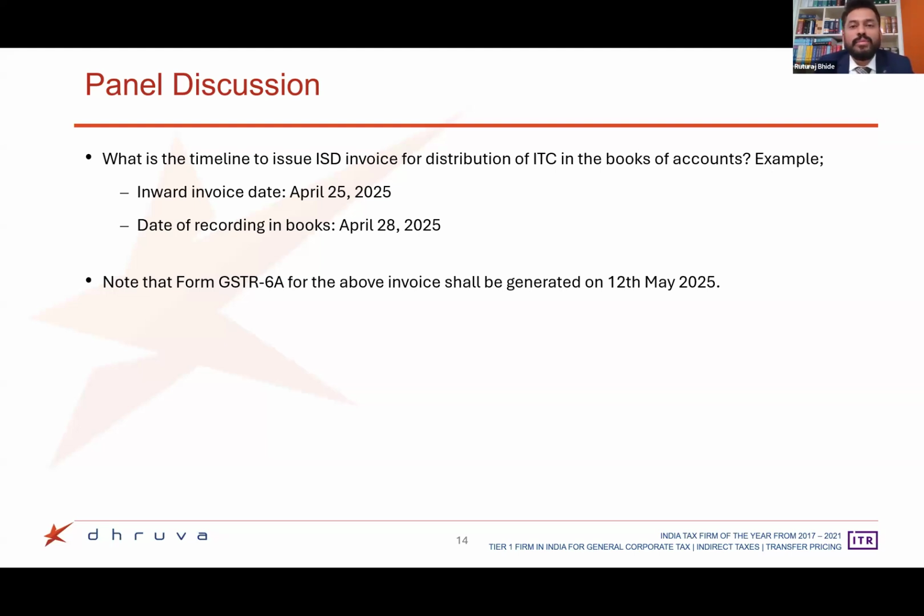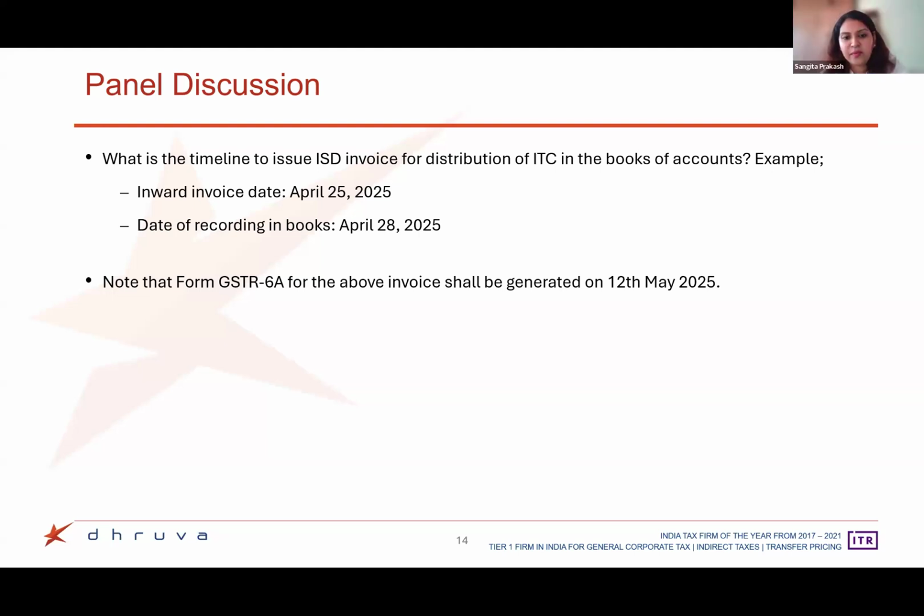And on the 13th of May, I'm supposed to distribute this credit. So the question is: at what point do I raise a distribution invoice, and which month should I consider a particular invoice for the purposes of distribution? This is a very peculiar question pertaining to timelines.